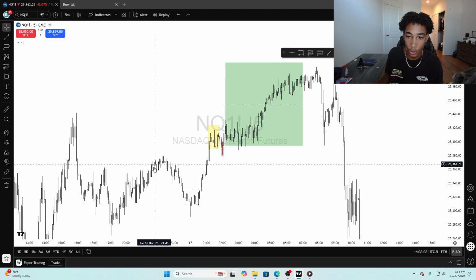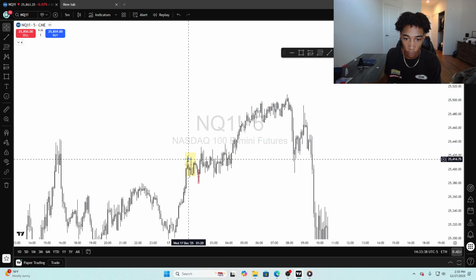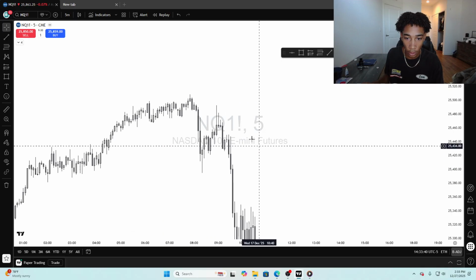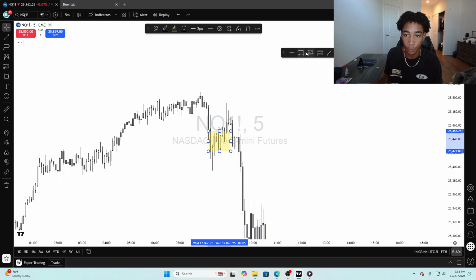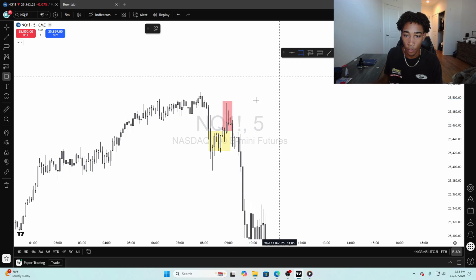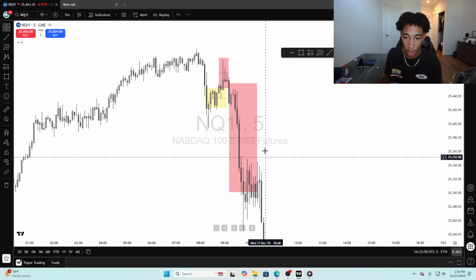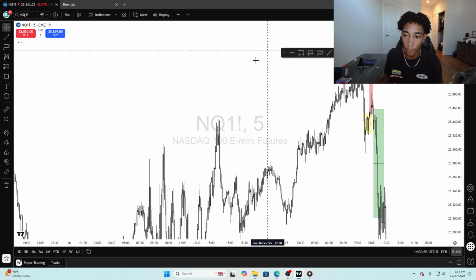But this is all, the choppiness is all the 4 hour, right? Same thing. Accumulation, manipulation, distribution. And this is during your AM session. So now you're able to see the higher time frame power 3.